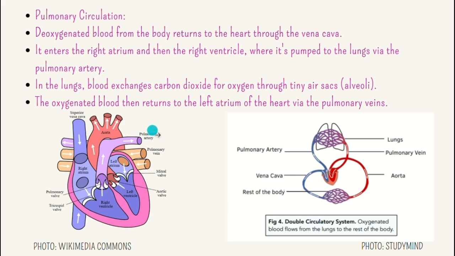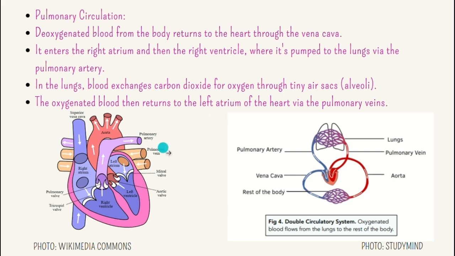Then we're saying oxygenated blood is going to return through the pulmonary veins, right? So it returns through the pulmonary veins, goes through the left atrium, then through the left ventricle, and then it's going out through the aorta. After the gas exchange takes place in the alveoli in the lungs, that oxygenated blood comes back.